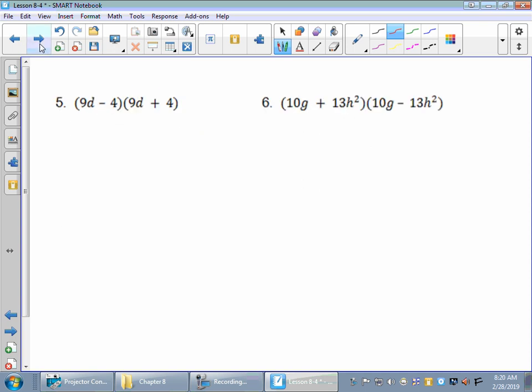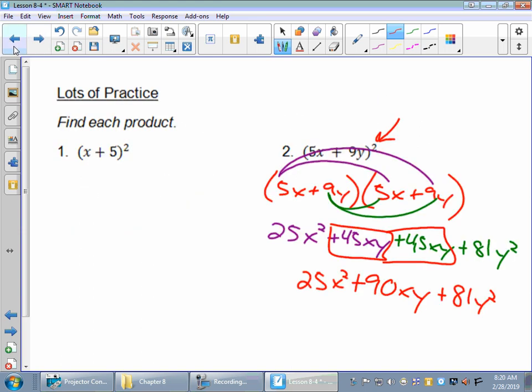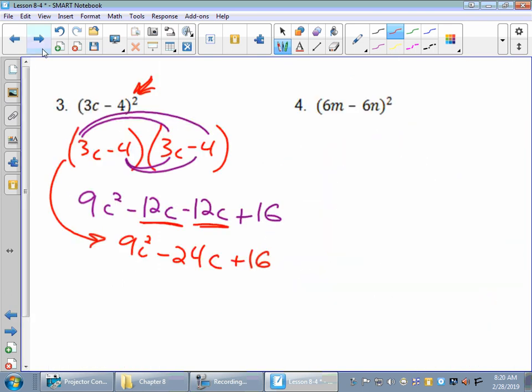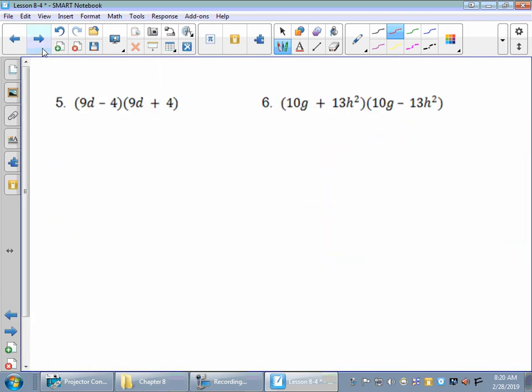All right, let's try number 5 here because we've got a negative and positive. What's that called? A product of a sum and a difference. So we work at this one.